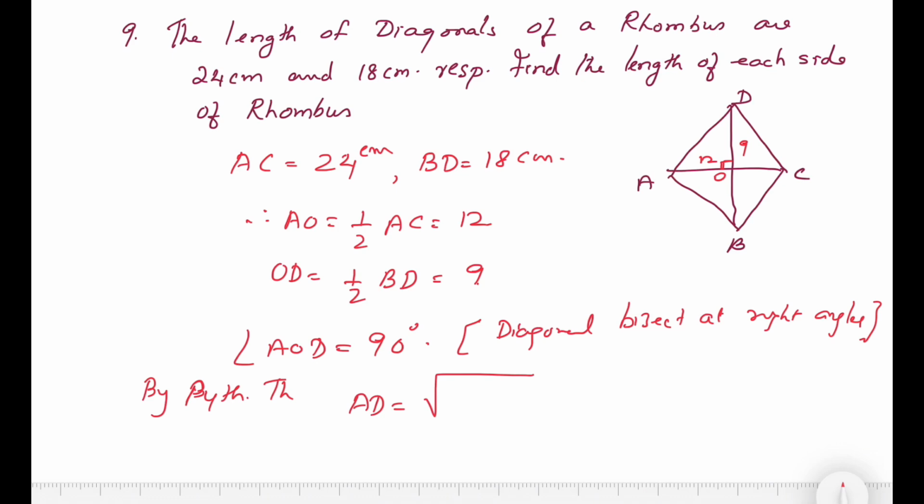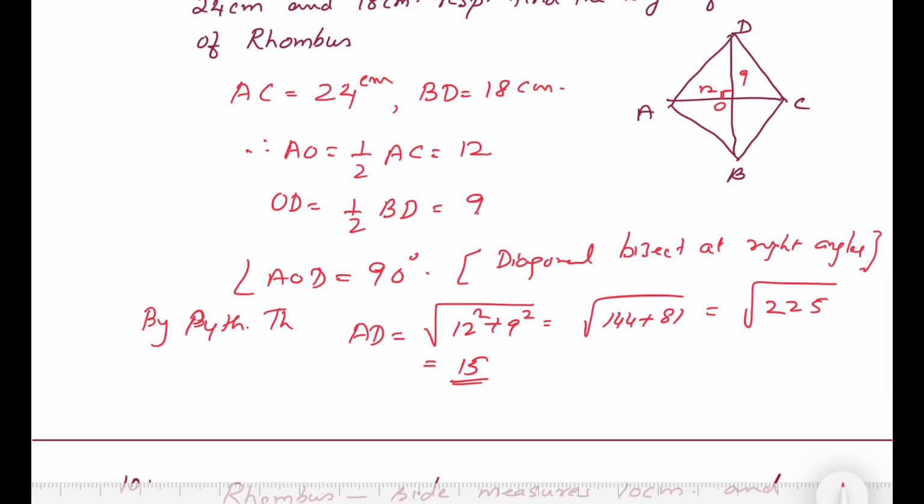So AD is equal to root of AO squared plus OD squared, so 12 squared plus 9 squared. So AD is equal to 15. So the length of the side of the rhombus is 15 centimeters.